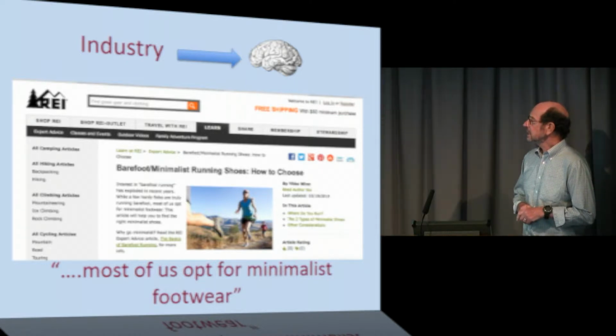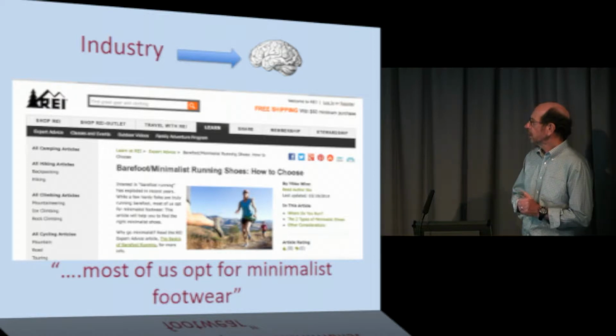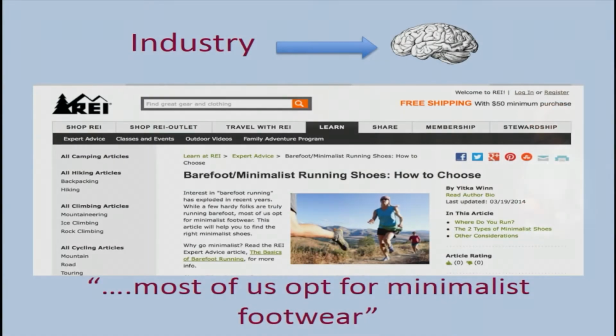Industry. So let's dive in and look at the impact of industry on footwear choices and what your running patients might be wearing because of what they've read. I snipped this morning from the website of REI, a major retailer of outdoor equipment, sports equipment, and it's not whether or if to choose minimalist shoes, it's how to choose minimalist shoes.